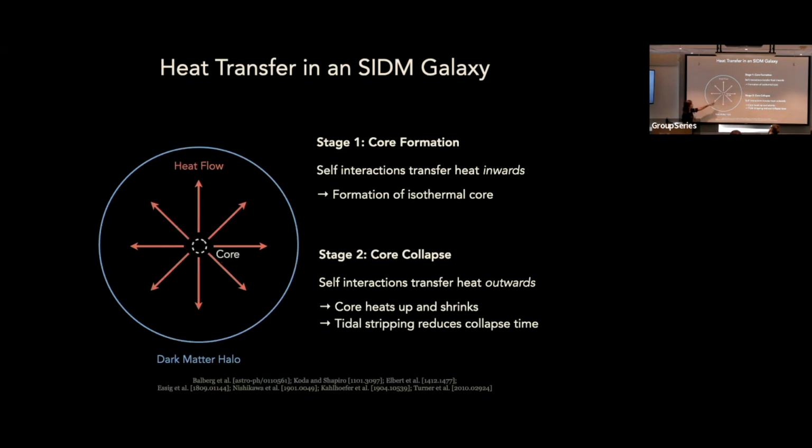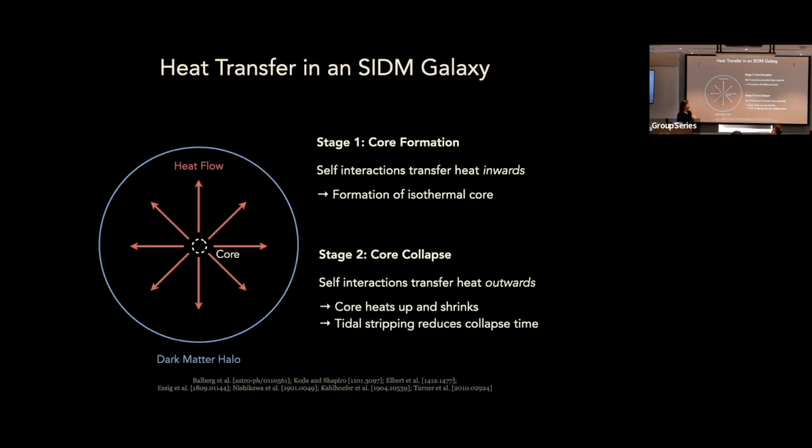And it shrinks down to a point where it completely collapses, and you end up getting this very high density region in the center. For field galaxies that are just isolated, the time scale for this process is very long. So it's longer than the age of the universe. So this process isn't relevant for those systems.